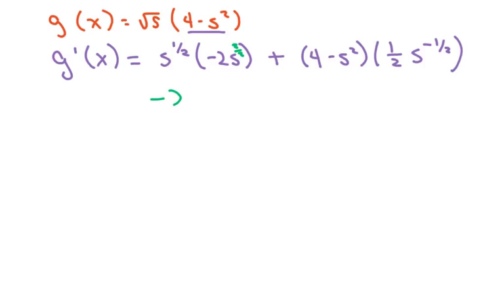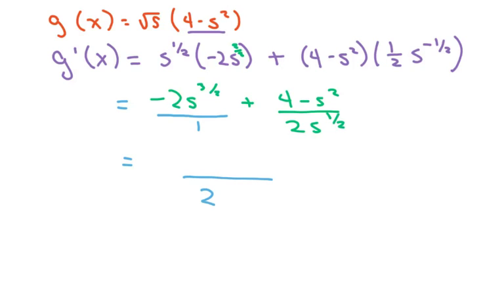So you're going to get negative 2s to the 3/2. And this is going to be 4 minus s squared over 2 s to the 1/2. Now, we want the same common denominator. So my common denominator is going to be 2s to the 1/2.